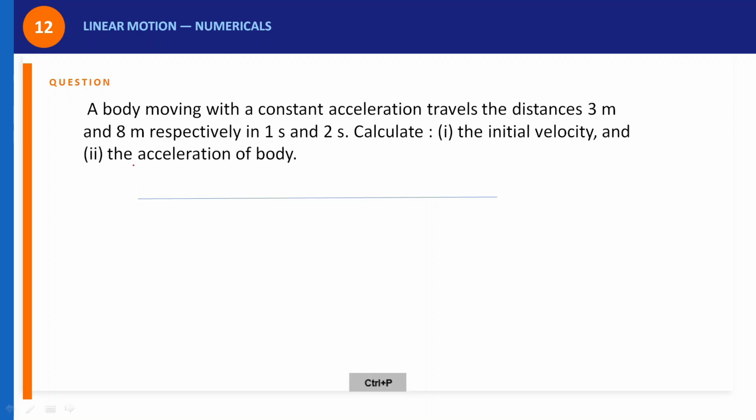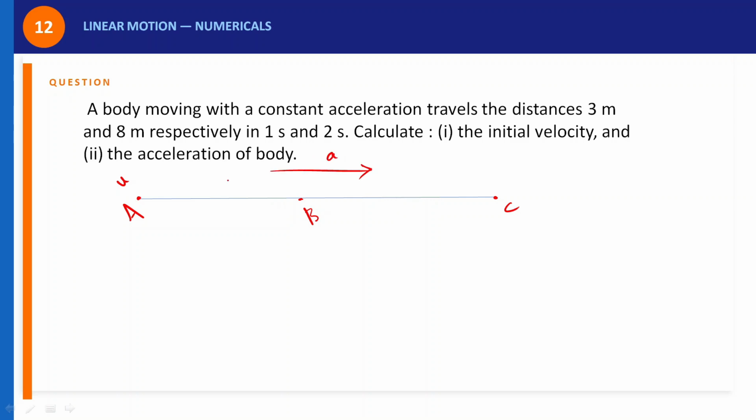Have a look, I have taken a straight line and 3 points are denoted A, B, and the last one C. Let us take the velocity at A as u. Throughout the journey the acceleration remains the same, this a.